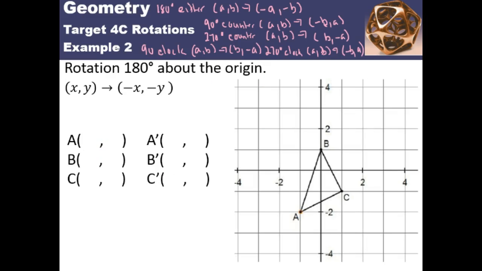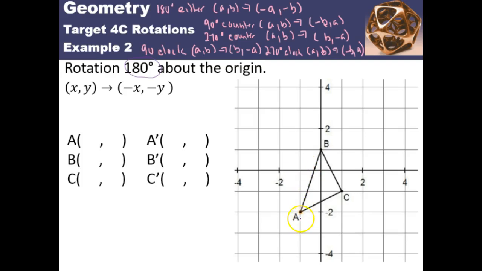Okay, so this one's 180 about the origin, and again I have the rule written right here. This doesn't say what direction we're going, but the thing with 180 is if you go 180 in a counterclockwise direction, you end up the same place you would go if you had done it in a clockwise direction. So 180 in either direction is AB gets mapped to negative A, negative B, or if you like, XY gets mapped to negative X, negative Y. So first let's write our coordinates down.